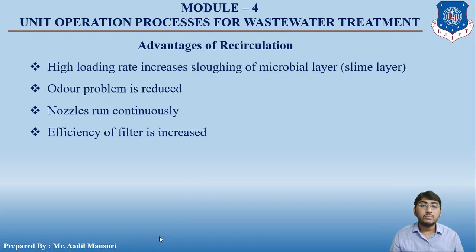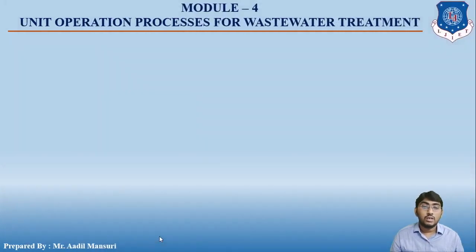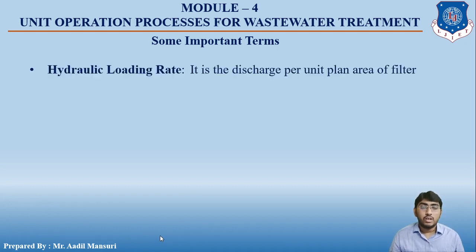So let us now have a look at some of the important terms. First one is known as hydraulic loading rate. It is the discharge per unit plan area of the filter.